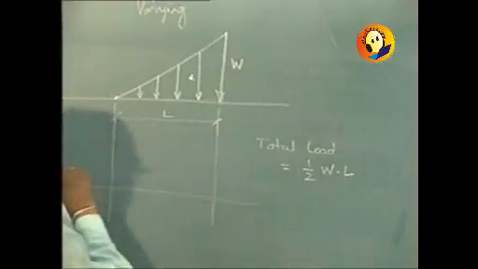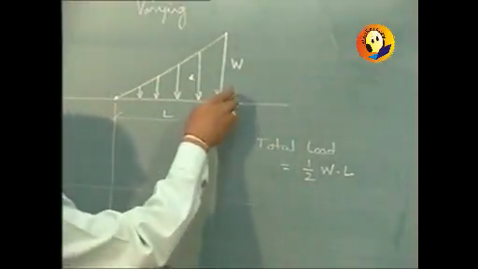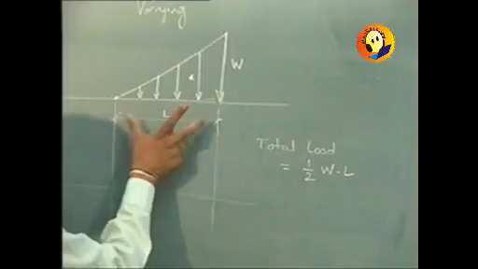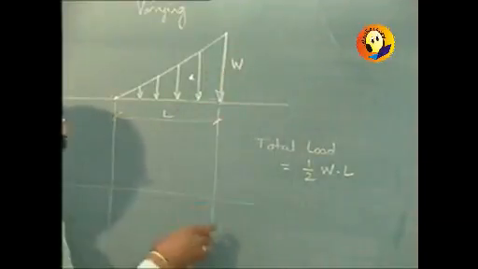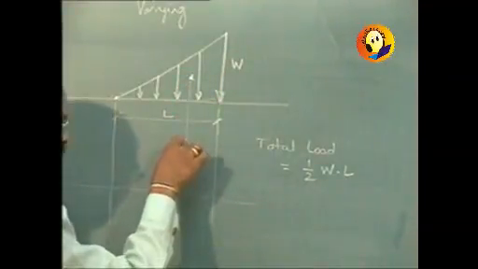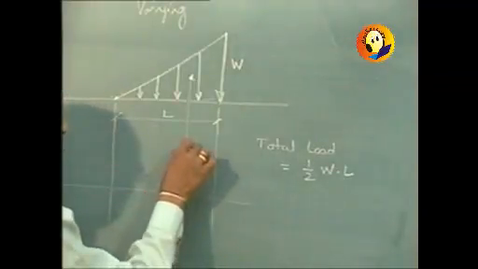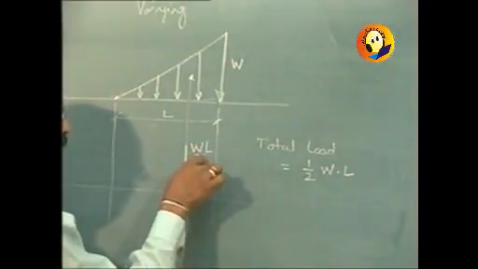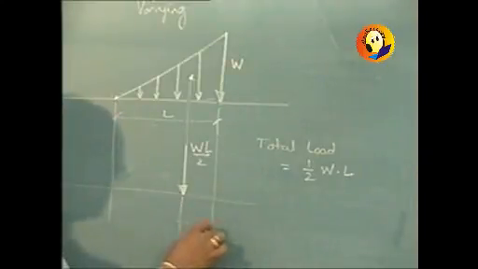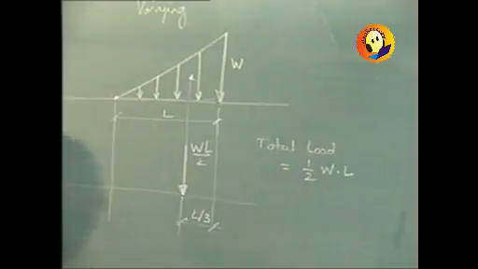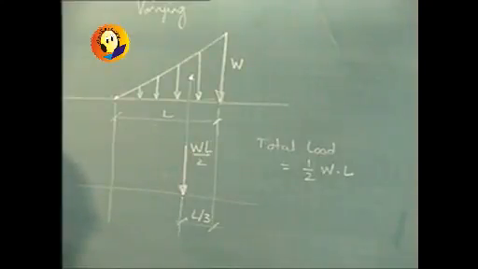Length on which it is acting should be considered as height, and so it will be acting at a distance L by 3 from the maximum load. So we can show the point load here, which will be W into L by 2, which will act at a distance equal to L by 3 from maximum load. So this is a uniformly varying type of load.